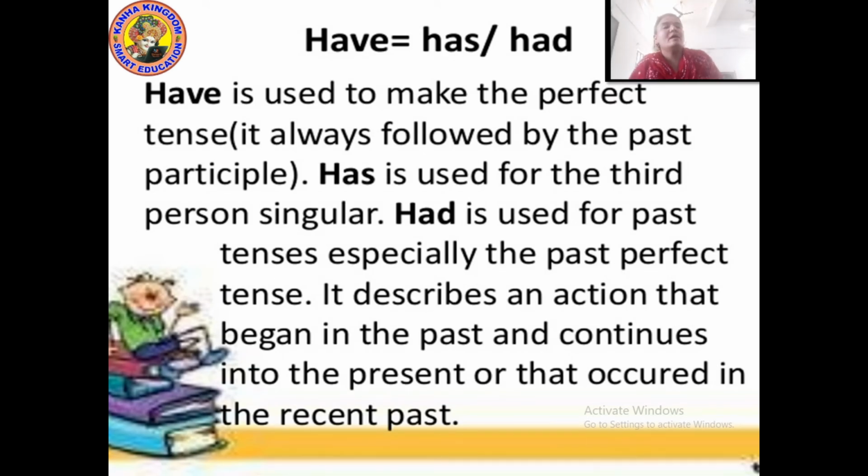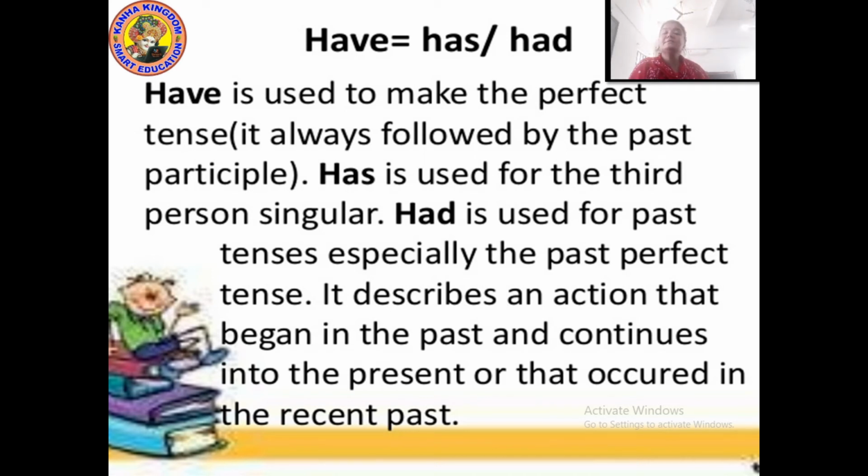Now talking about have, has and had. Okay. First you should know that have is used to make the perfect tense. The main verb which is being used with have is in the past participle.